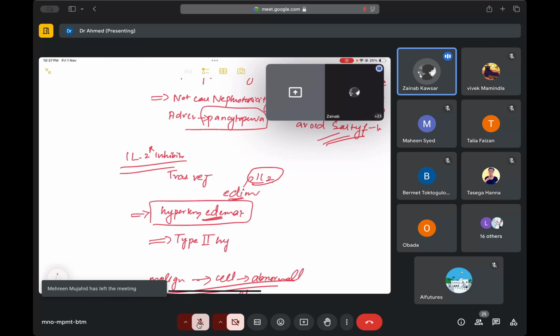The drugs working here are first cyclosporine and tacrolimus. These two drugs work on calcineurin, but they do not directly inhibit calcineurin.